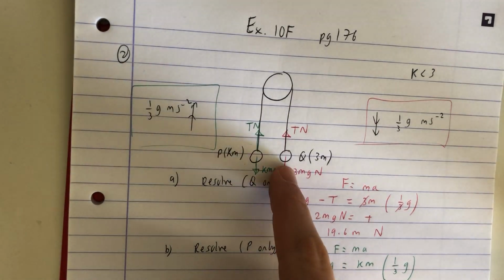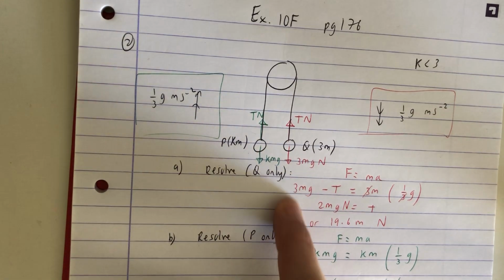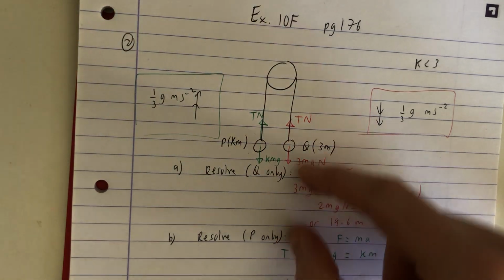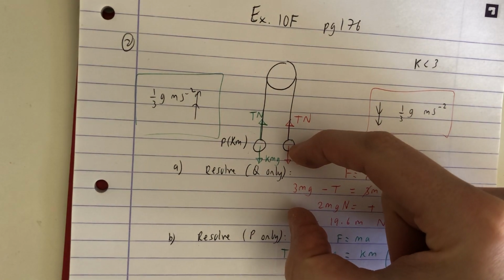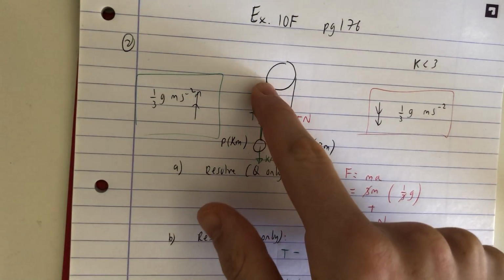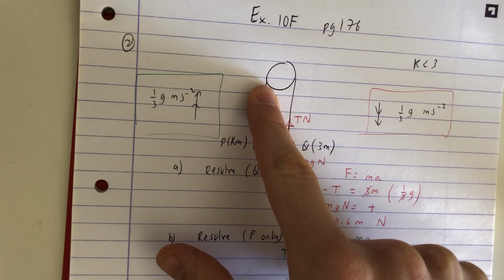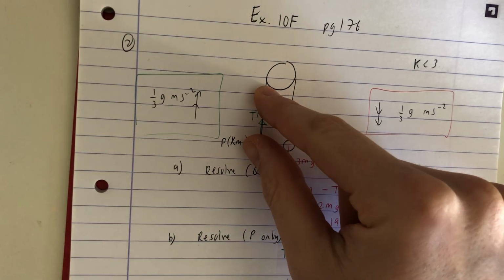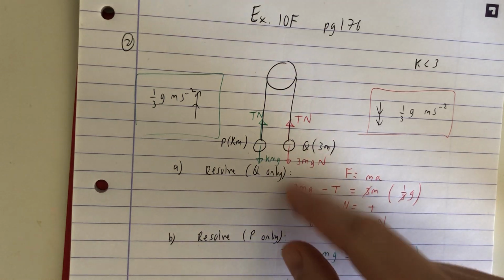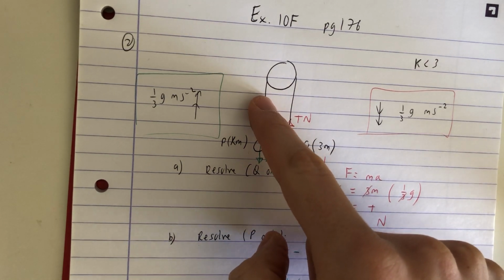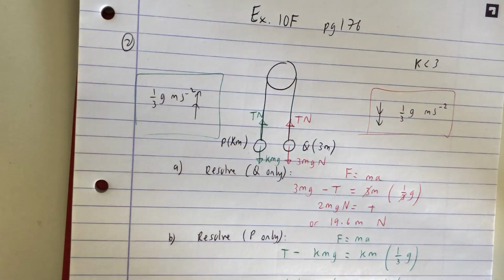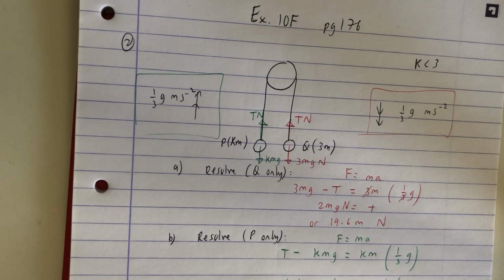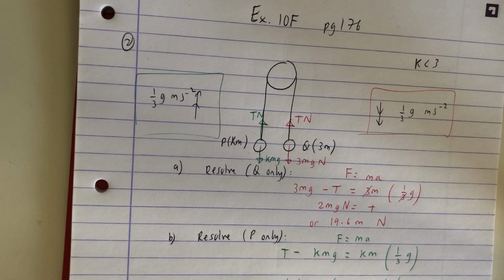So what's going to happen is Q is going to fall, hit the ground, and it's going to move a specific distance. P is going to move up that distance, but also P, once Q has hit the floor, is going to have a velocity, so it's going to still move up a little bit, but just under its own weight. So you've got two distances to work out.